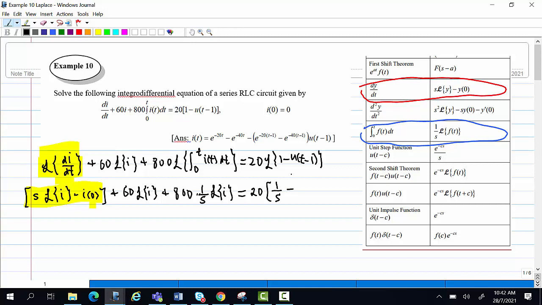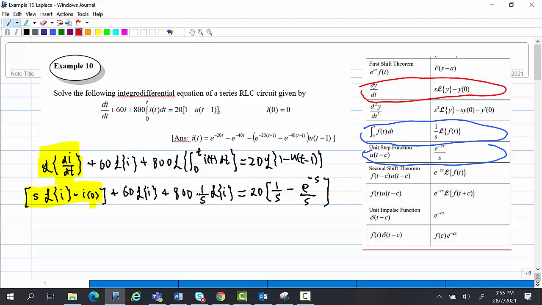And then the Laplace transform of the unit step function is actually this one: e power minus s over s, since your c is 1 now, so that's why we got this one.